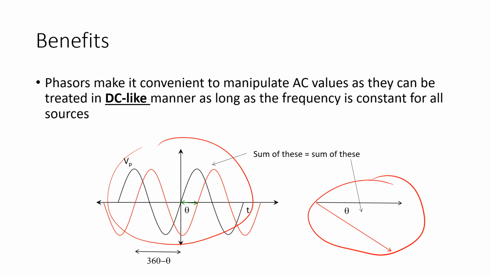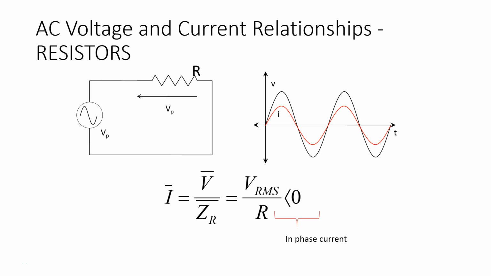So the phasors really allow us to treat these sine waves as though they were DC values. DC meaning they're static values. They're not real, they're complex, but they are static, so we just add them the way we'd add normal complex numbers.